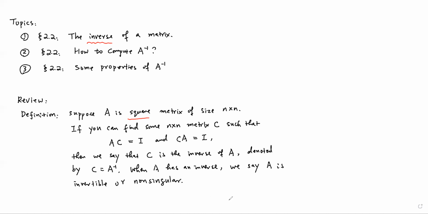A matrix A is non-singular. That means the matrix has an inverse. This is the definition. If you can find a C so that these two equations hold, then A has an inverse.